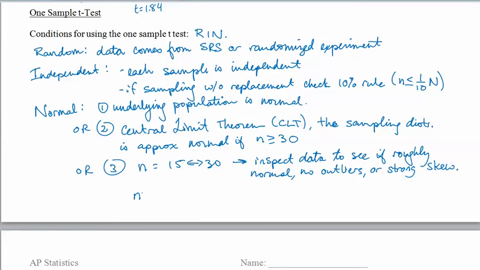If n is less than or equal to 15, then we are going to make sure the data is close to normal.